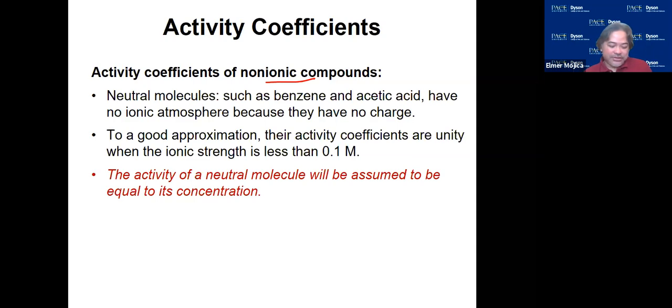Neutral molecules such as benzene, acetic acid, and maybe sugar have no ionic atmosphere because they have no charge. To a good approximation, their activity coefficients are unity when the ionic strength is less than 0.1. So we can assume that the activity of a neutral molecule is equal to its concentration.